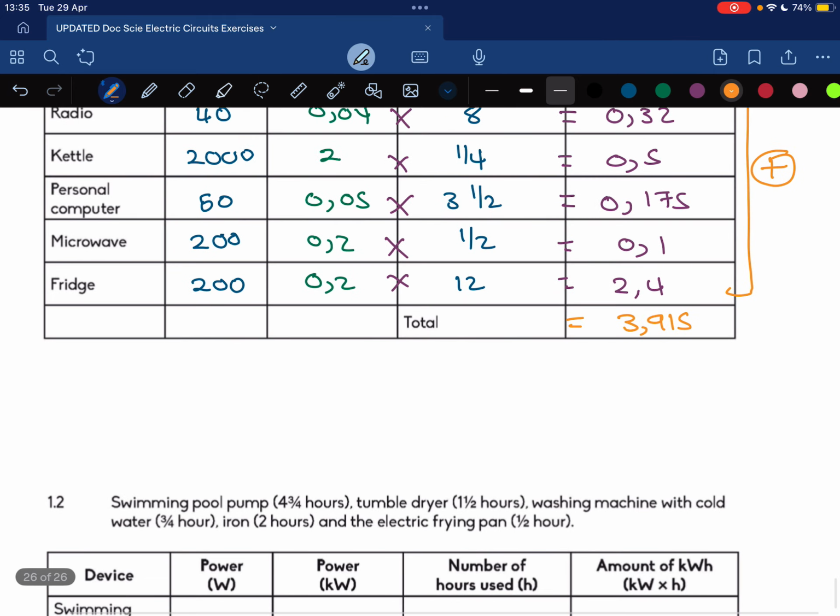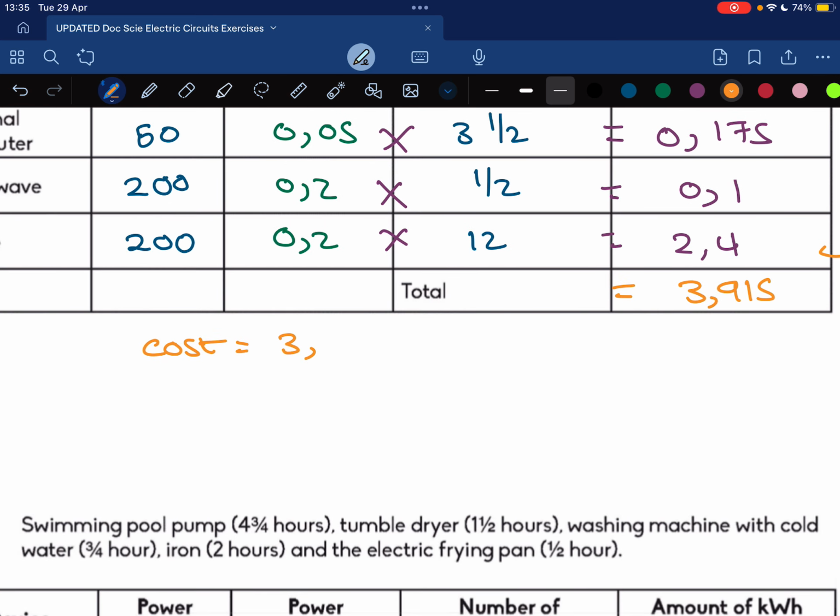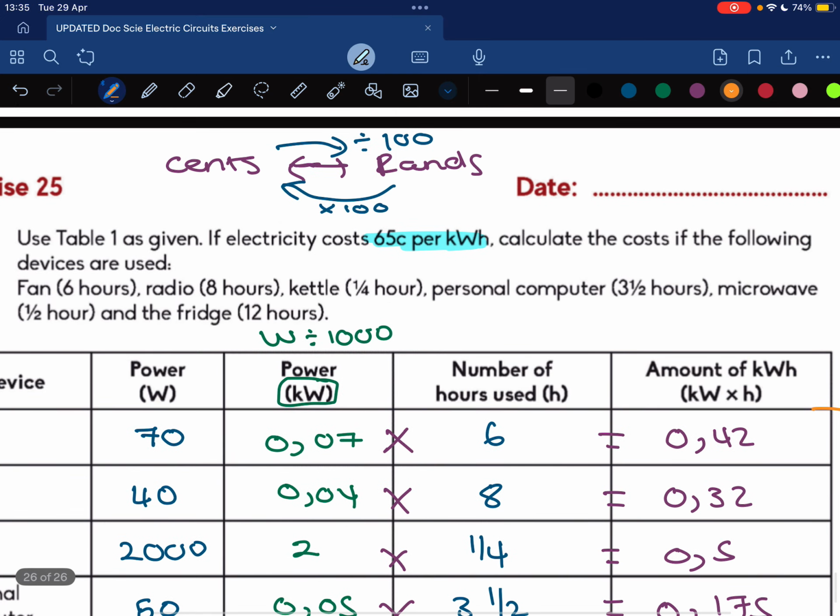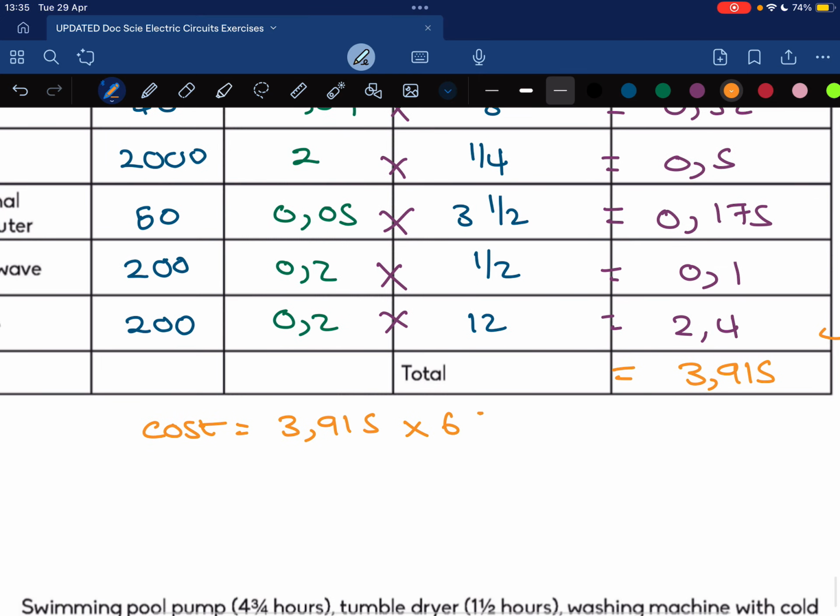So that means that the cost is going to be 3.915, which is the kilowatt hours, multiplied by 65 cents. So let's do that in your calculator, you get 254.475 cents.